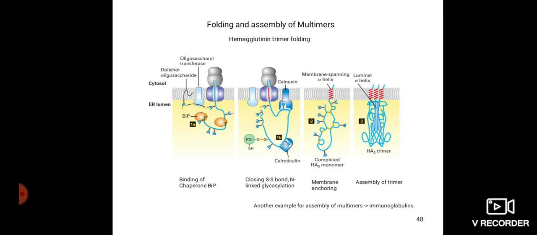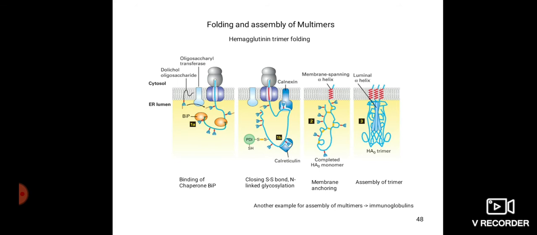Sometimes it can happen within the endoplasmic reticulum, sometimes it can happen in the Golgi complex also. So in case of the endoplasmic reticulum, it specifically happens for membrane proteins. For example, here it is shown the hemagglutinin protein, which is a trimeric protein molecule having three finger-like projections. Each of the subunits is a membrane protein.